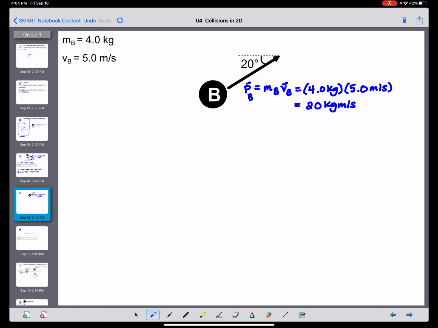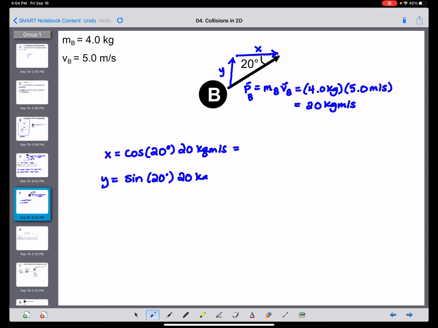Then we're going to draw in our components. We have our y component going north, and we have our x component going east. Let's calculate those. x is going to be cos of 20 degrees times 20 kilogram meters per second, and y is going to be sine of 20 degrees times 20 kilogram meters per second.